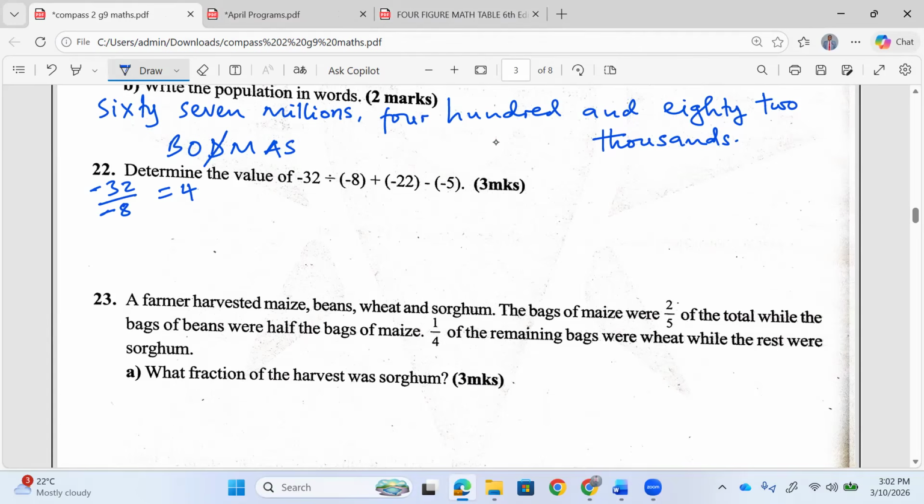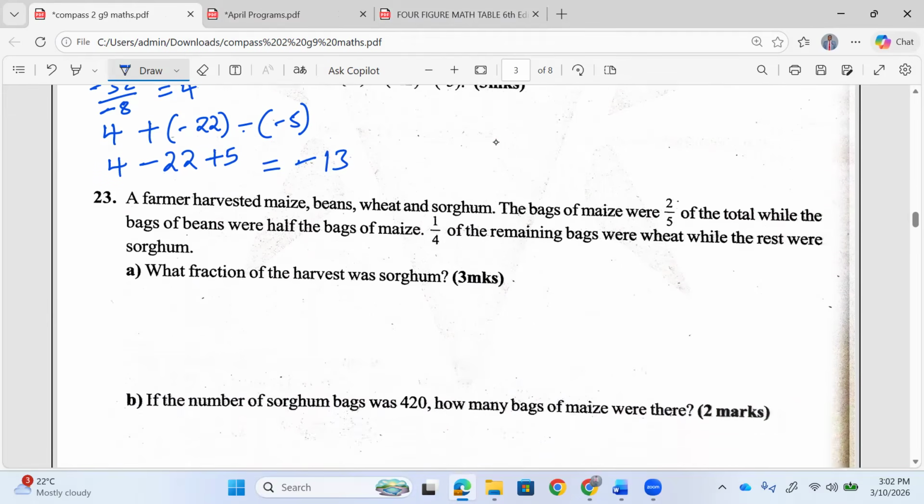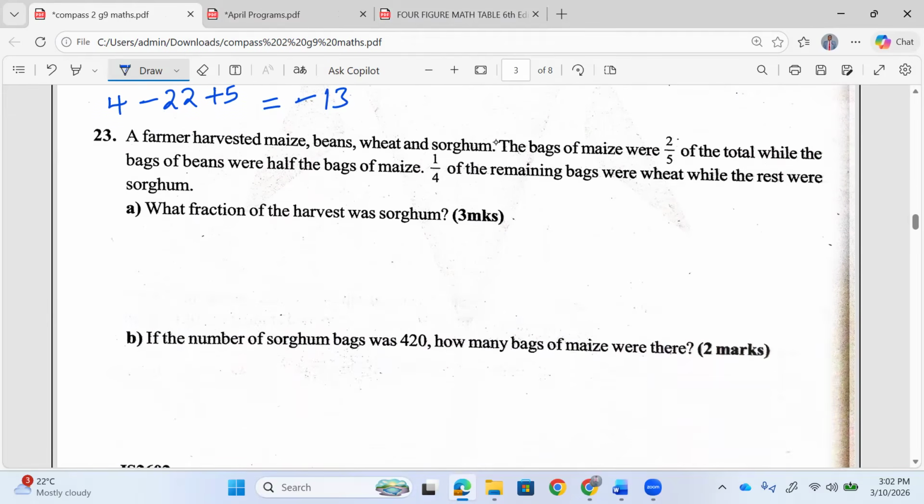So this is now the same as 4 plus a negative 22 minus a negative 5. You know very well, when a negative is multiplied by a plus, we get a negative, but negative followed by negative changes to positive. So now it shall be 4 minus 22 plus 5, giving us exactly negative 13. So that is the answer in number 22.